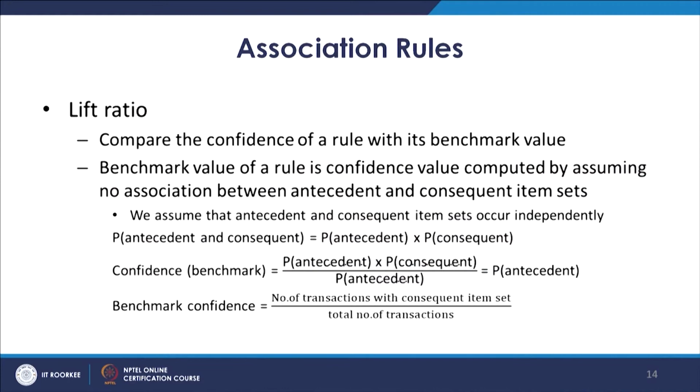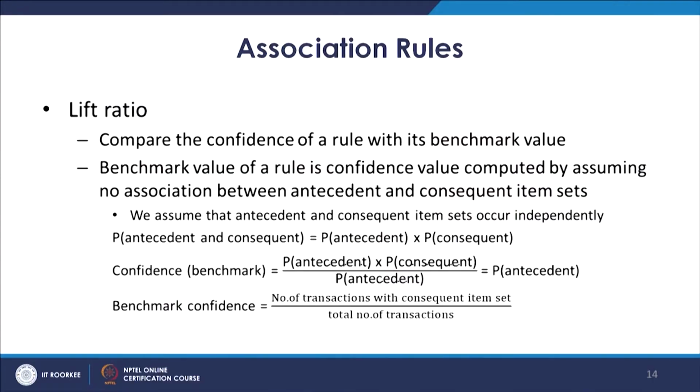Let us look at this process in more detail. We assume that antecedent and consequent item sets occur independently. This assumption is to compute the benchmark value. If this assumption holds, then the probability of antecedent and consequent item sets occurring can be rewritten as the probability of antecedent multiplied by the probability of consequent. We can plug this expression into the confidence formula and compute the confidence in the benchmark case.